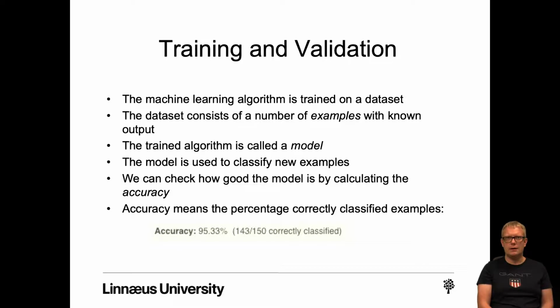And this trained algorithm is called a model. And the model is used to classify new examples, and we can check how good the model is by calculating the accuracy. And the accuracy means the percentage of correctly classified examples. So in this case we have 150 examples, and 133 of them were correctly classified, and that leads to an accuracy of 95.33%.